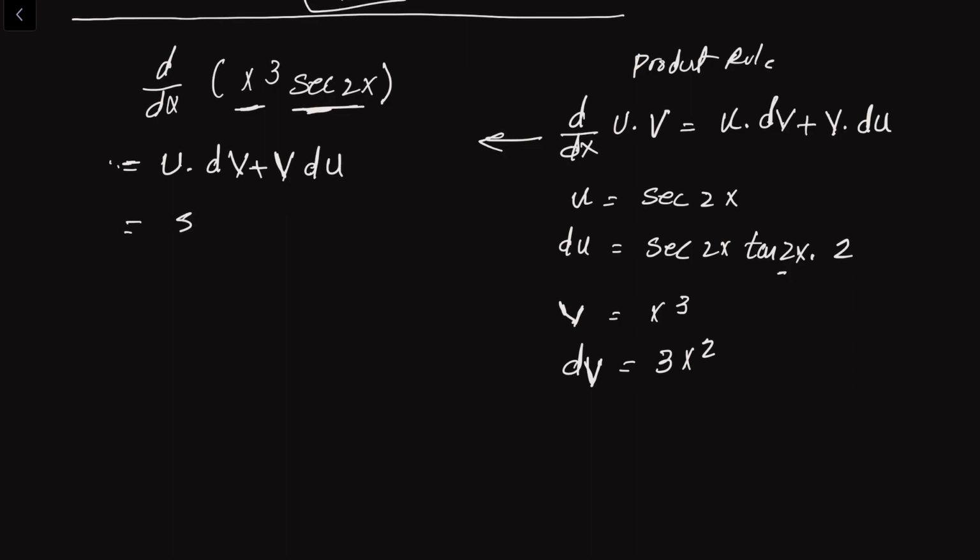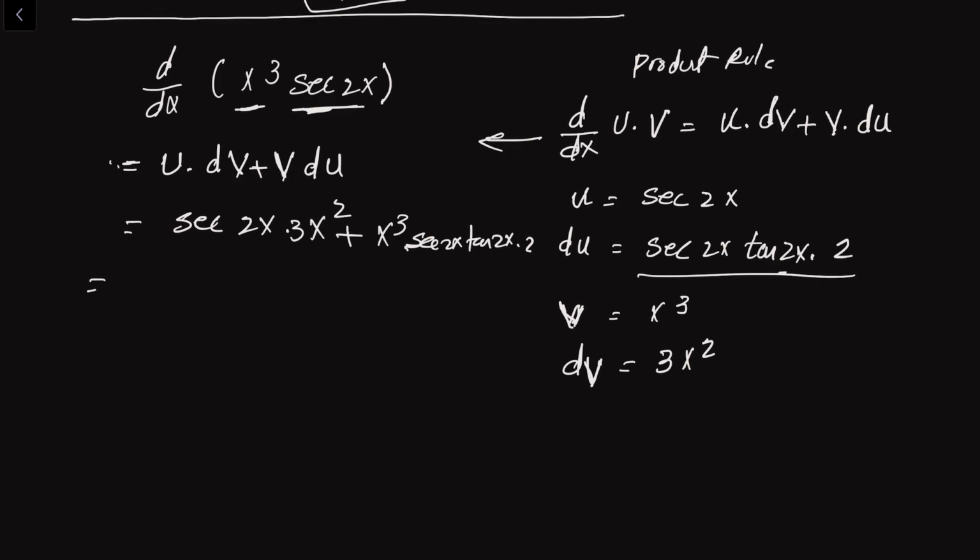The u is secant 2x times dv, which is 3x squared, plus v, which is x cubed, times du, this expression here, which is secant 2x tan 2x times 2.